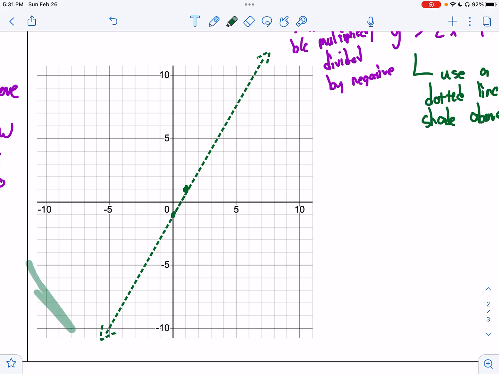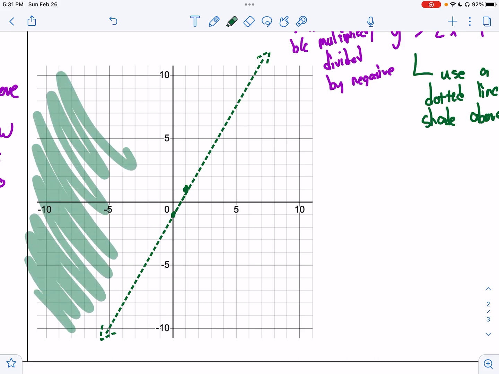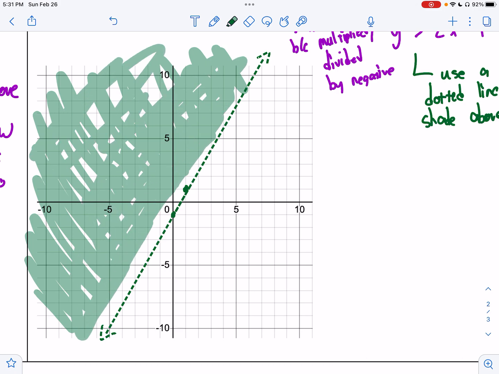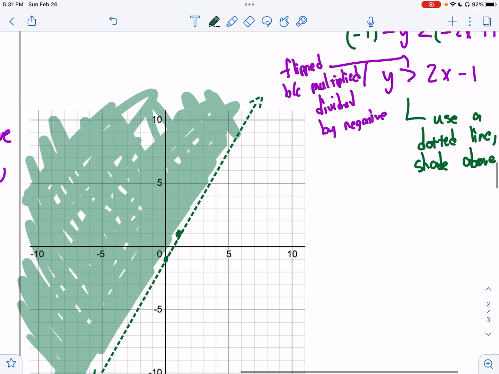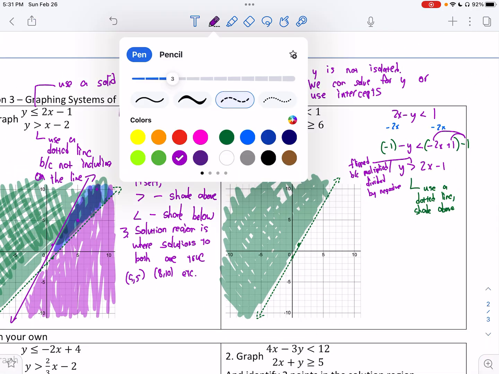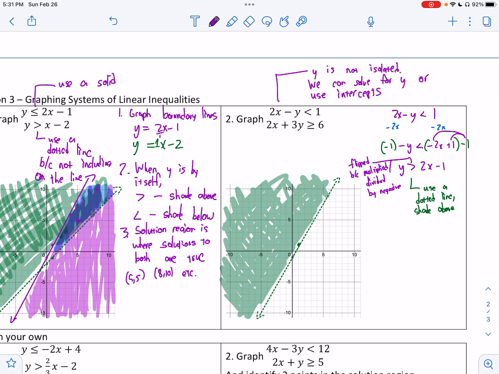And my shading is up here. All right. And the second one, you could also solve it for y and graph it that way, but I just want to show how you can graph inequalities using the intercepts method. It requires one extra step.